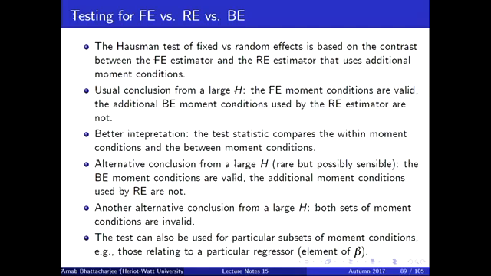That means that the fixed effects estimator and the random effects estimator are very much different from each other. What would that mean? That would mean that the second moment conditions there, the random effects moment conditions, are not valid, right? So you would reject for a large difference. Okay, so if they were valid, these two estimators should be literally the same.